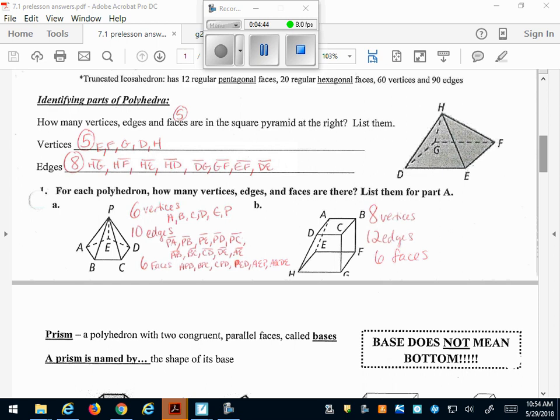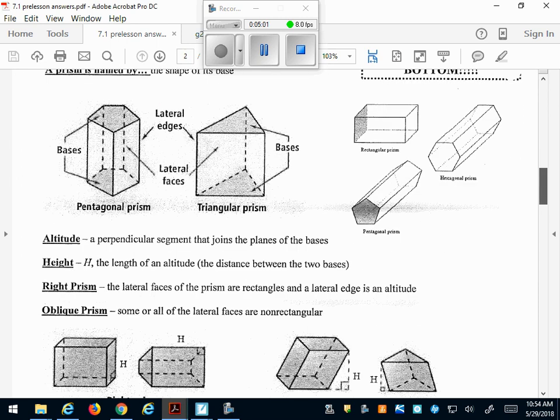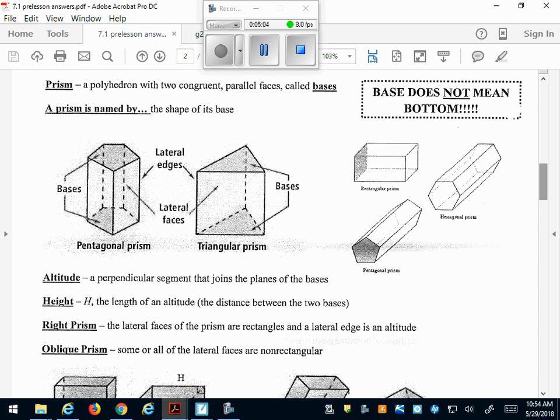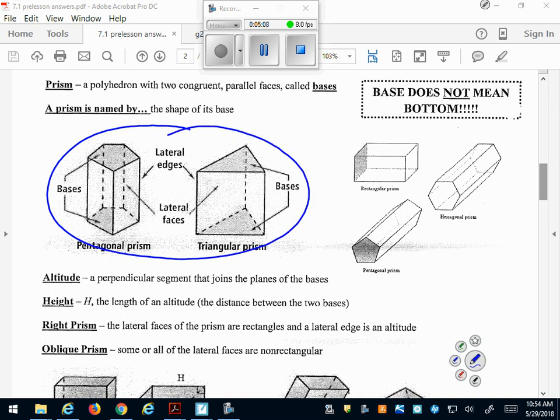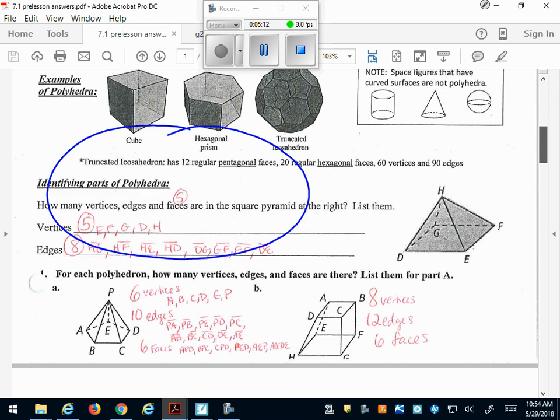This is called a pyramid, this one here. What's the difference between a pyramid and a prism? Here, let me get a better diagram to look at. Right? These are all prisms. And this one is a pyramid.